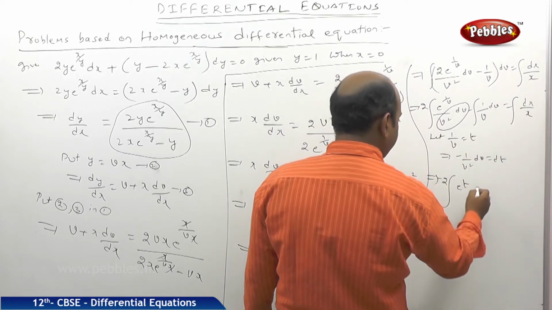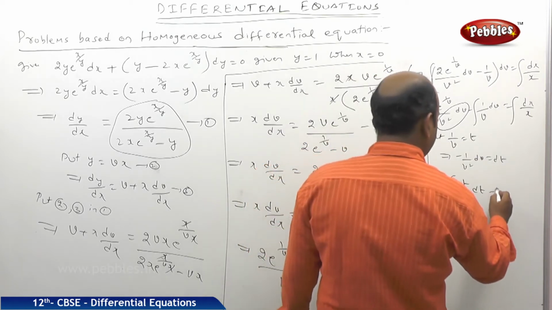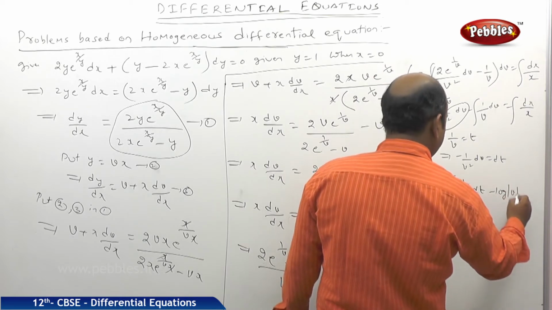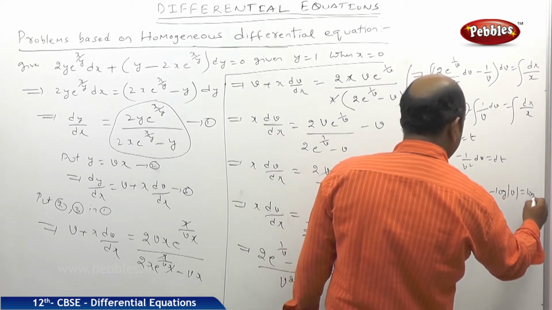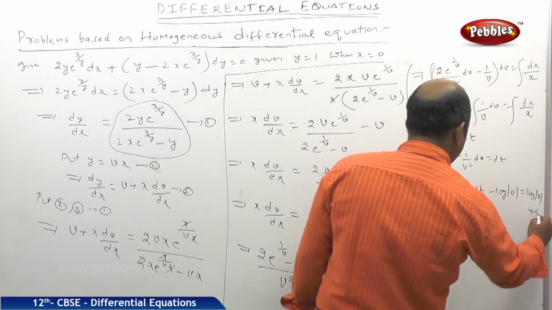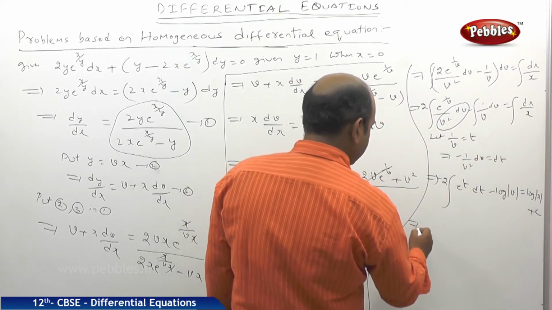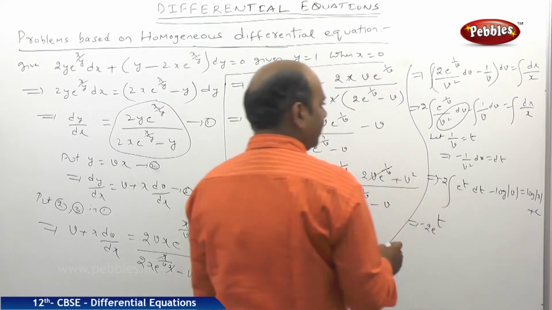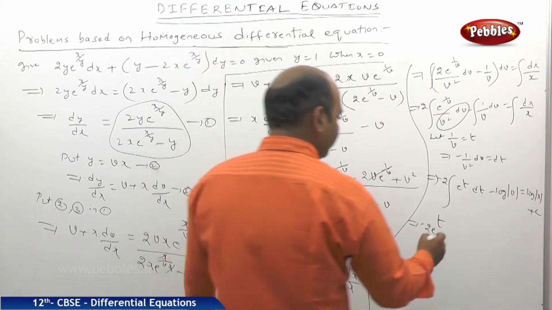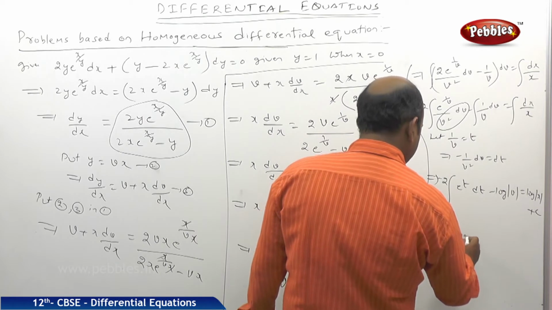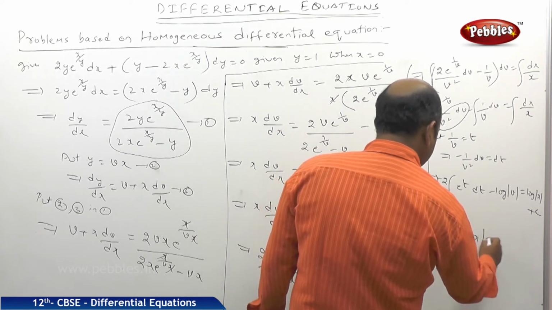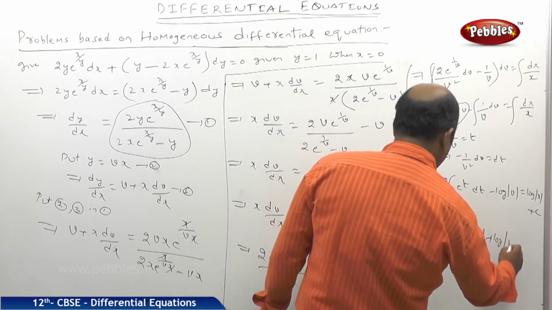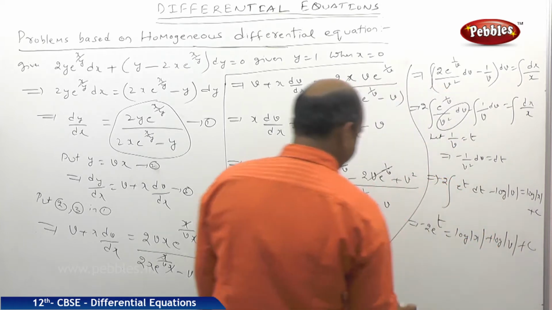So minus I'll keep outside, dt, and here log mod v is equal to log mod x plus c. So what happens, minus 2 into e power t is equal to log mod x plus log mod v plus c.